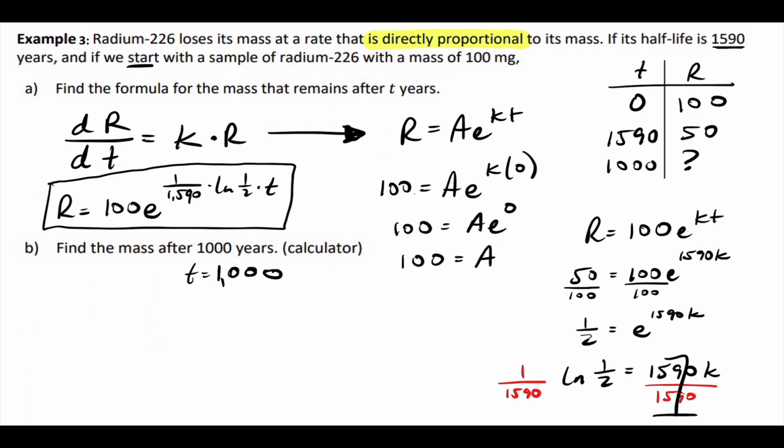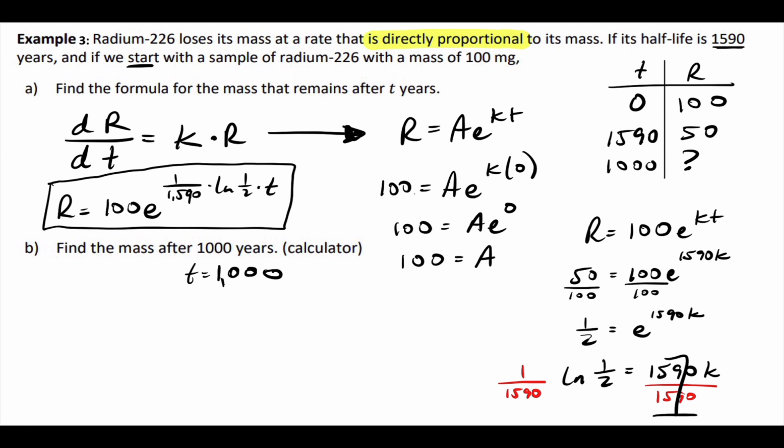Sometimes they won't have you do part A and part B, they'll just ask you part B. That's fine, but it's not shortening the problem because you always have to do part A. You can't find the answer to 1,000 years unless you have actually found the formula or the equation. For multiple choice questions, they won't have two parts.